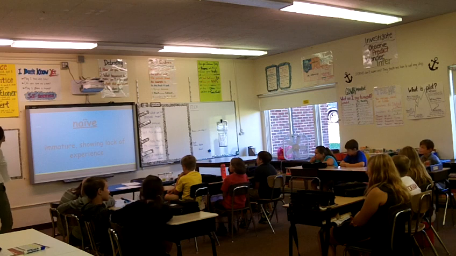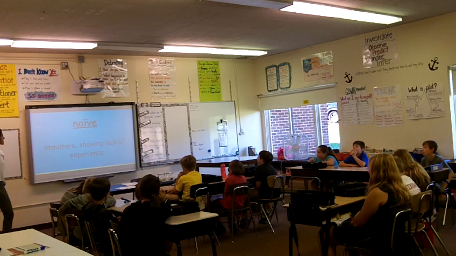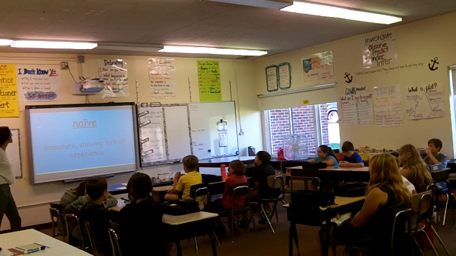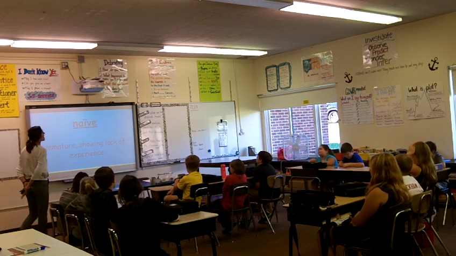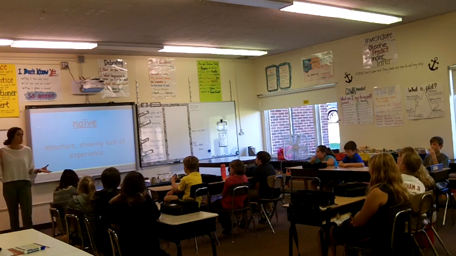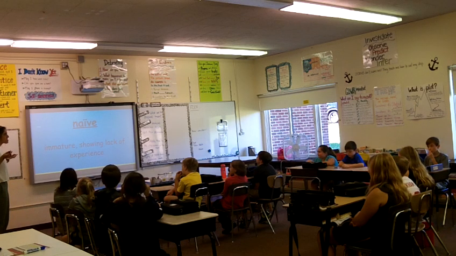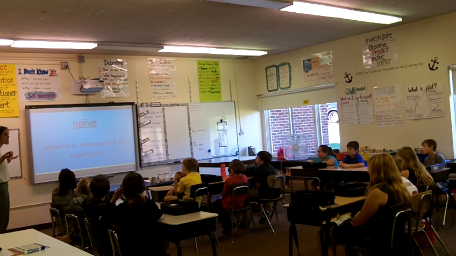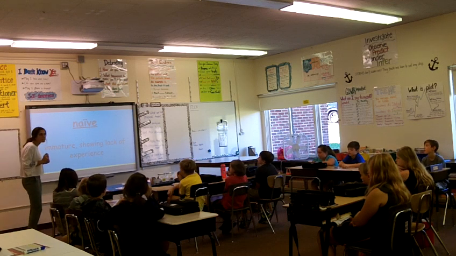So the definition of naive is immature or showing lack of experience. To explain this, a good example would be a young child who is used to teddy bears and stuffed animal bears or reading books about fuzzy little bears, but then goes out into the wilderness and sees a real bear. They just expect it to be a cuddly little bear, but are bears really like that?